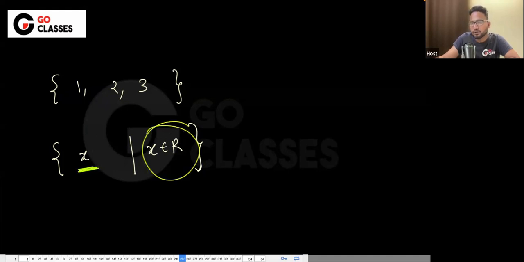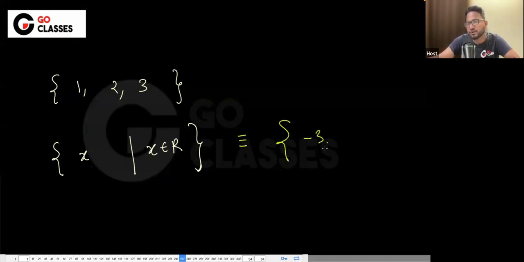Let's suppose we want to have the set of all real numbers. Then there is actually the notation something like this. Okay. Which is saying that you will be having a set of x where x is a real number. So which means this is same as saying anything. For example, -3, -2, -1, 0, like this.